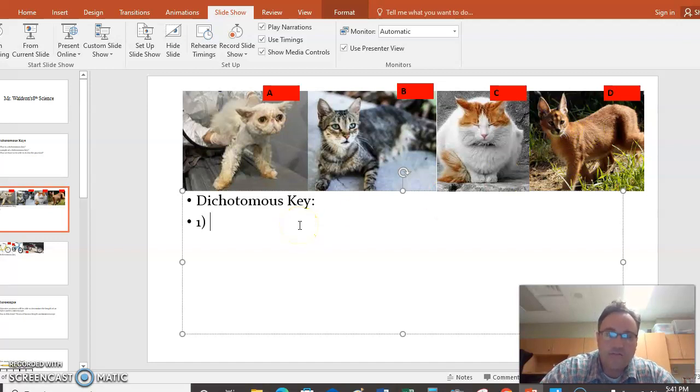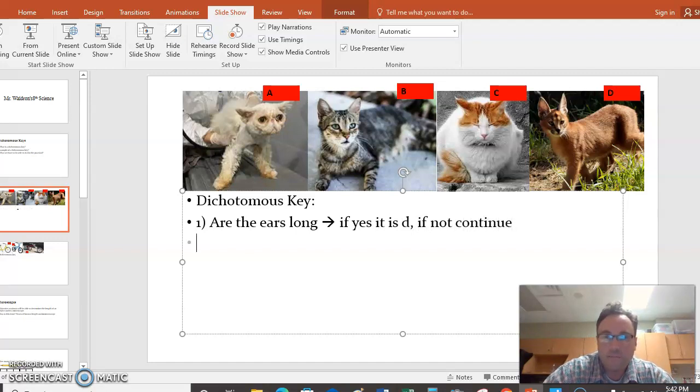So the goal, remember, is to separate and identify this cat with a question from the rest of these. The first question I might ask is, are the ears long? If yes, it is D. If not, continue.